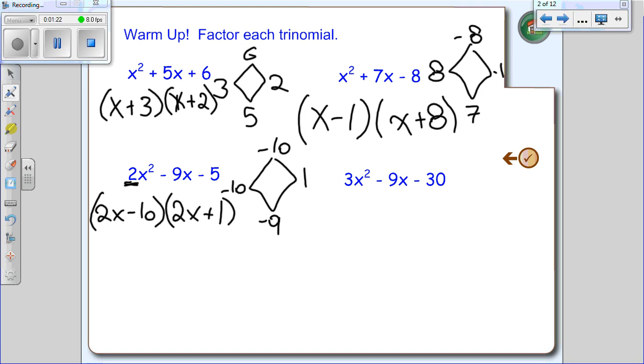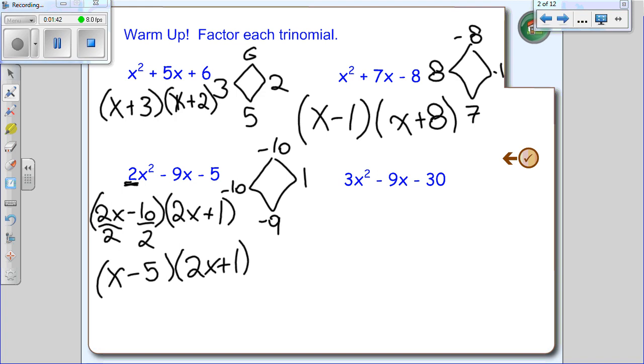And you have to divide one of these by 2. We're going to divide the first one by 2 because it's the only one that divides by 2. And it's x minus 5, 2x plus 1.